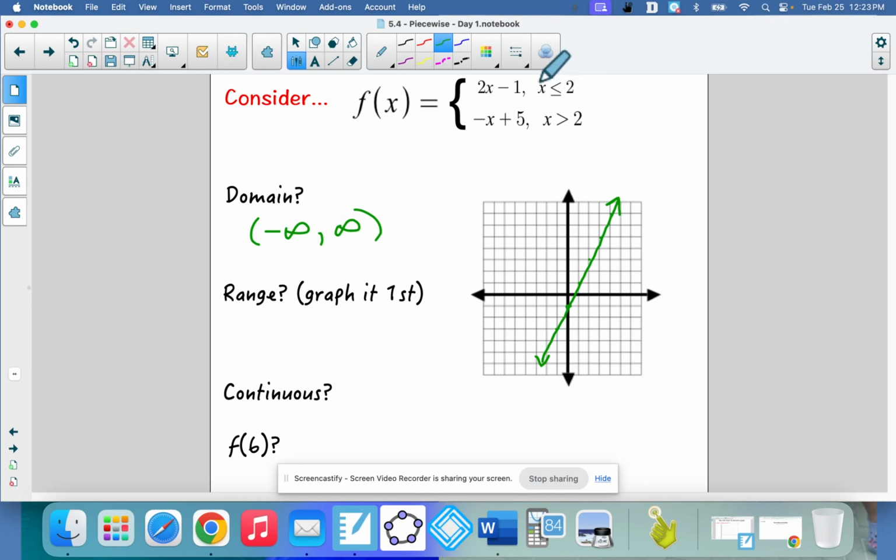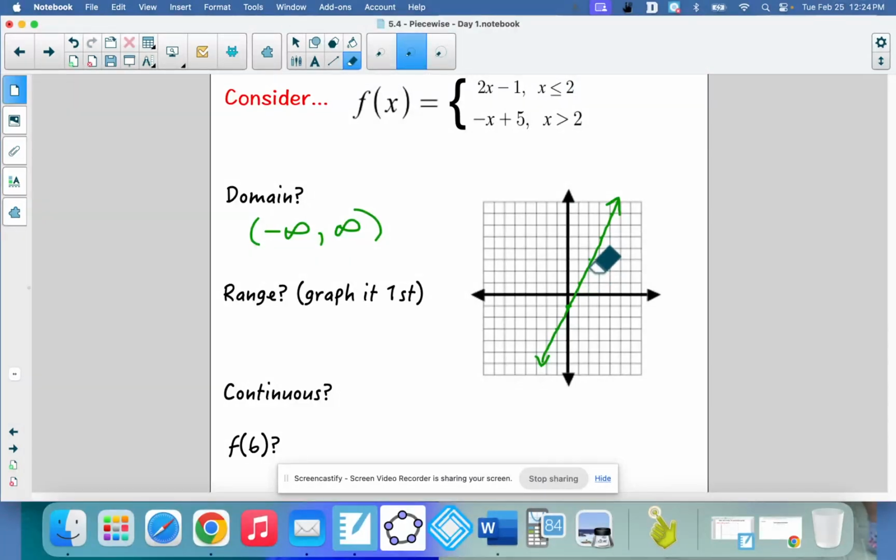Then I'm going to look at the part that comes after the comma. This is 2x minus 1, but I only need the graph for x values that are less than or equal to 2. So turn that pencil around to the eraser, and erase everything that's not less than or equal to 2. An x value of 2 is right there, and that's where my graph is.